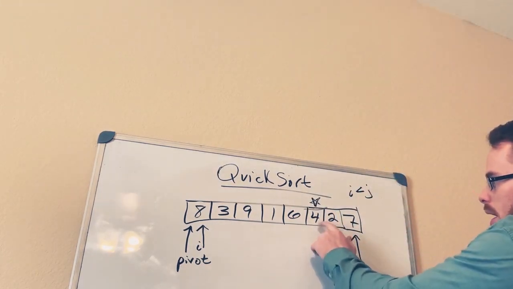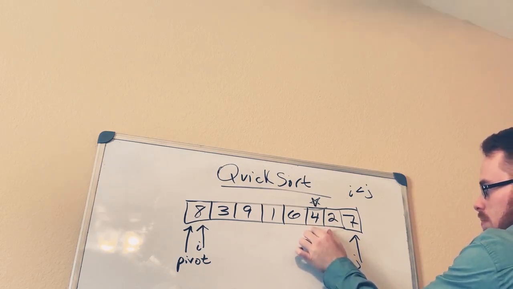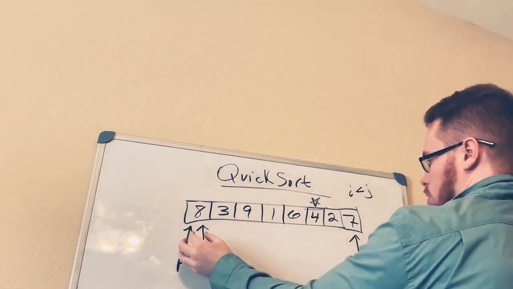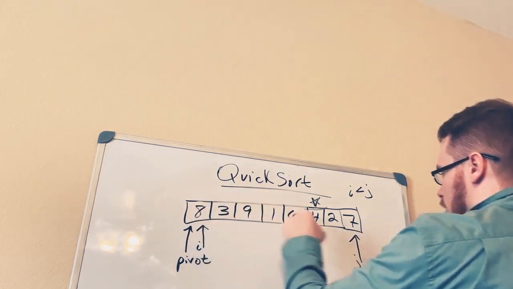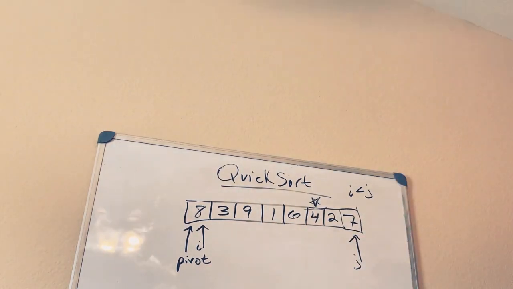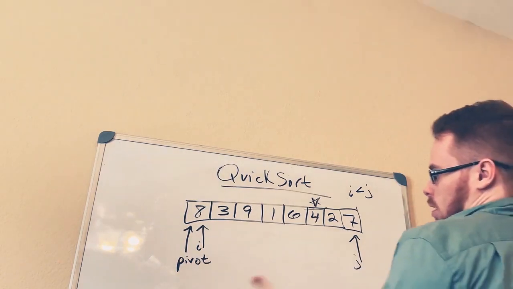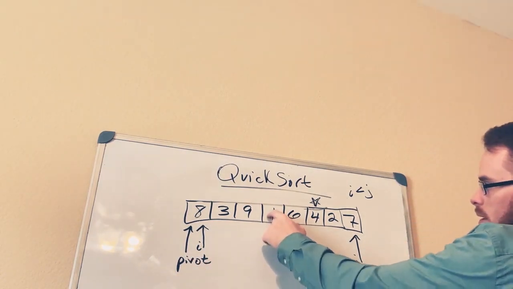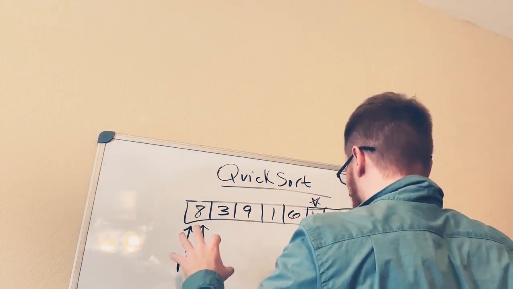We basically want to get 8 here because that would be its sorted position. So our goal is to find the pivot's place, and then divide the array into subarrays. Our best case would be getting the value that belongs here and then splitting it into 2 equal arrays.